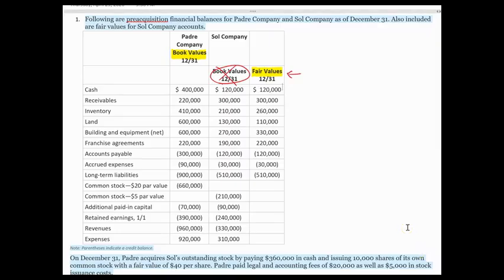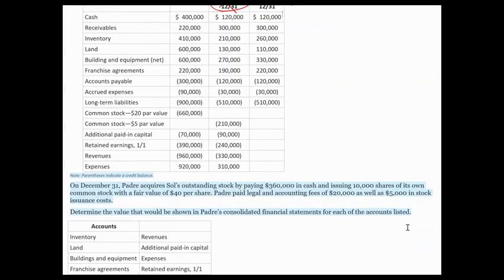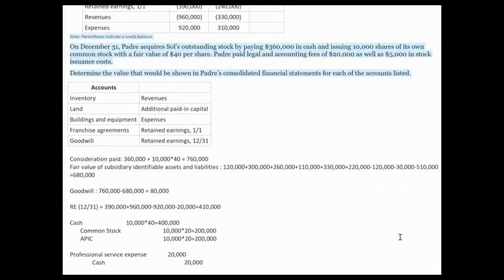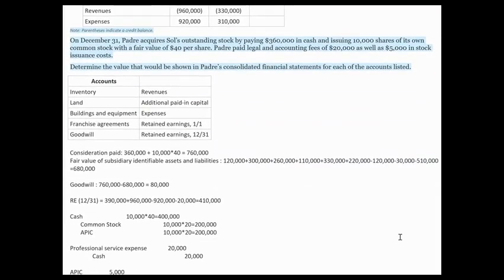Okay, so before we calculate the consolidated balance of those accounts, first let's look at what happened on that date and let's prepare some journal entries or do some calculations. First, on December 31st, Pedro acquired Seoul's outstanding stock, which means that Pedro is the parent and Seoul is the subsidiary company.